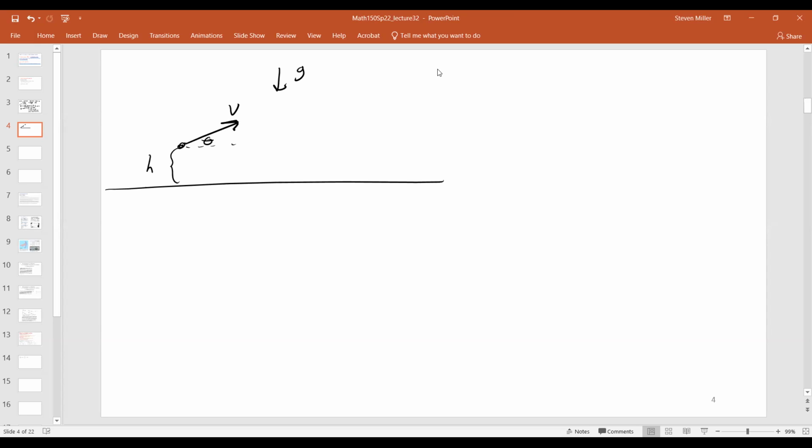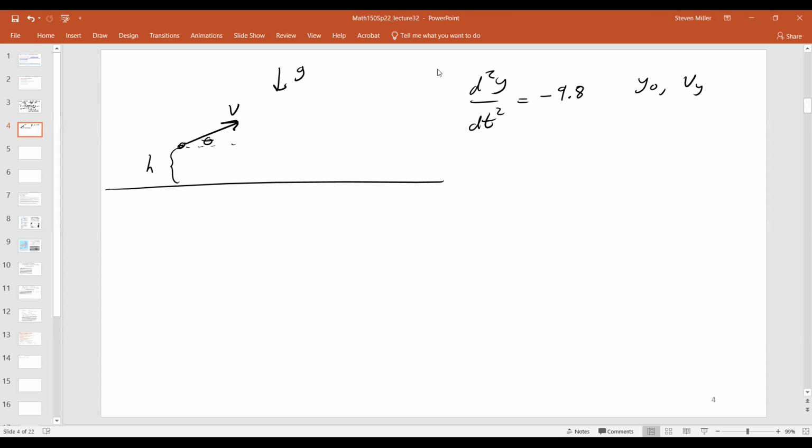And then what you would do is you would have basically two different things to solve. So you would have d squared y dt squared is equal to negative 9.8, because it's pulling you down. And you would have your initial height y naught, and your initial speed, say v sub y.